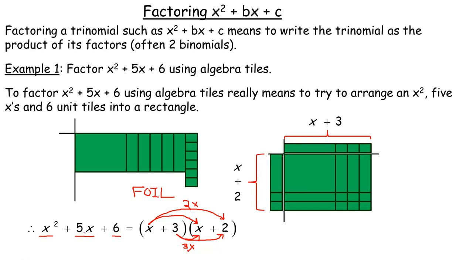So when I'm factoring this trinomial, I'm looking for two numbers that have a sum of this coefficient. Okay, the sum of the two numbers is 5, not 5x. Okay, when you expand out the terms of 2x and 3x, they add to 5x. But I'm looking for two numbers that have a sum of 5 and a product of 6.